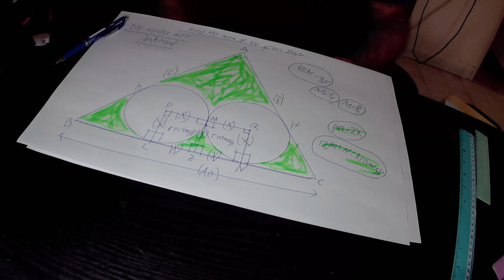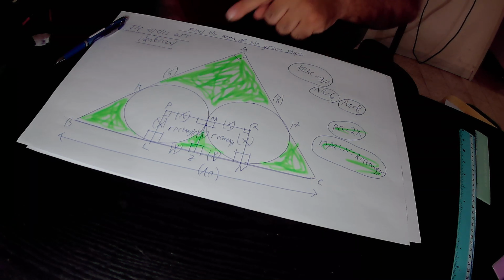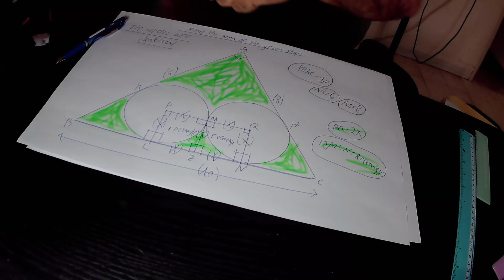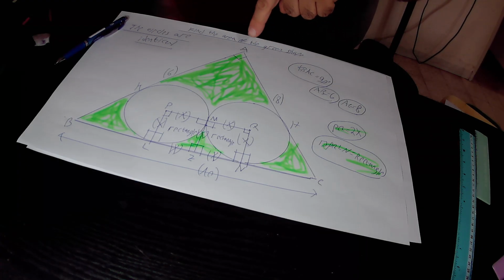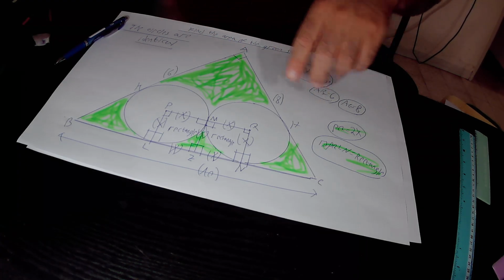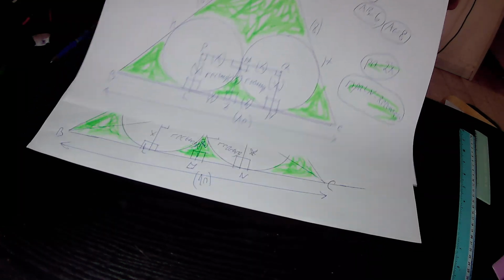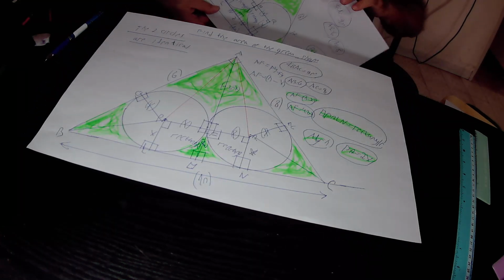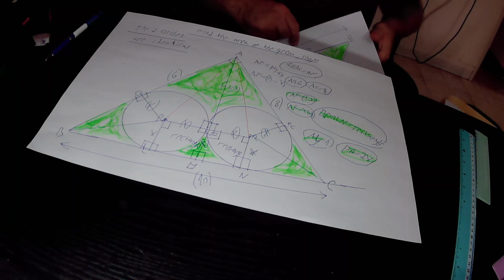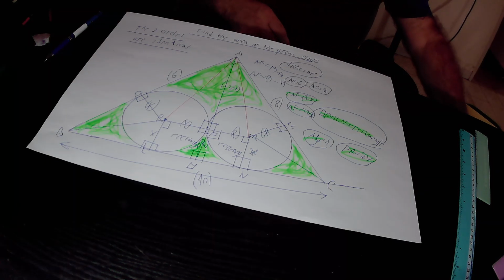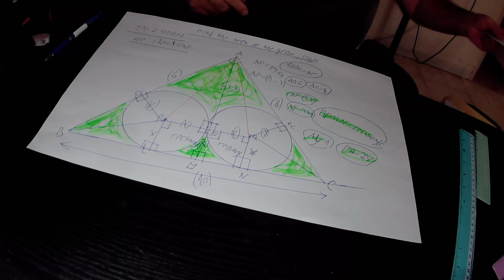So in the next step, I copy this rectangle PQNL in a new page and find the height to the base BC of the big triangle ABC. So actually, repeat again.